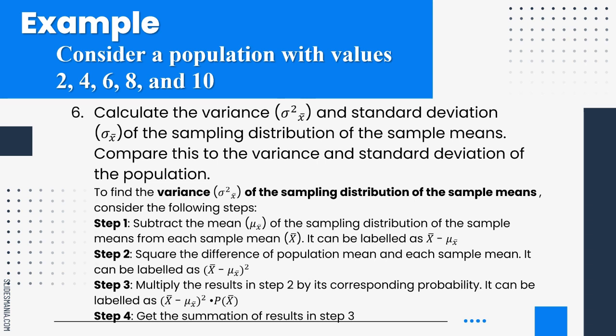It can be labeled as quantity of x bar minus mu sub x bar squared. Step 3. Multiply the results in step 2 by its corresponding probability. It can be labeled as quantity of x bar minus mu sub x bar squared multiplied to P of x bar. Step 4. Get the summation of the results in step 3.